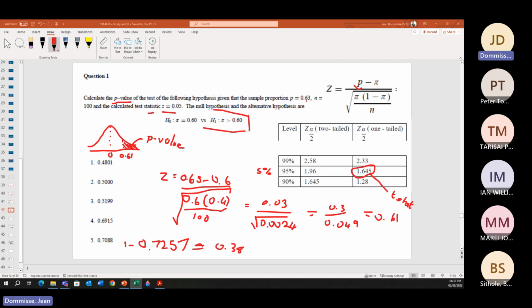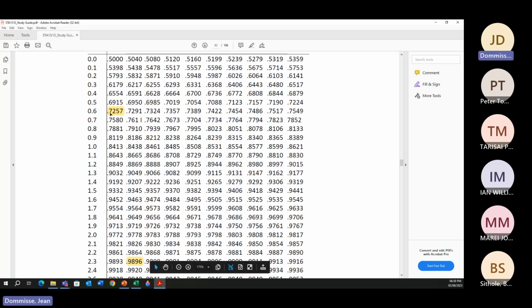Let me just make 100% sure why that is. Okay, I will need to check this one because that divided by that is 0.61. I looked at 0.61.